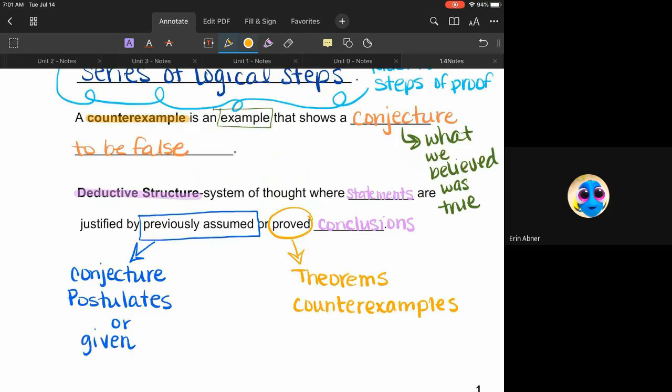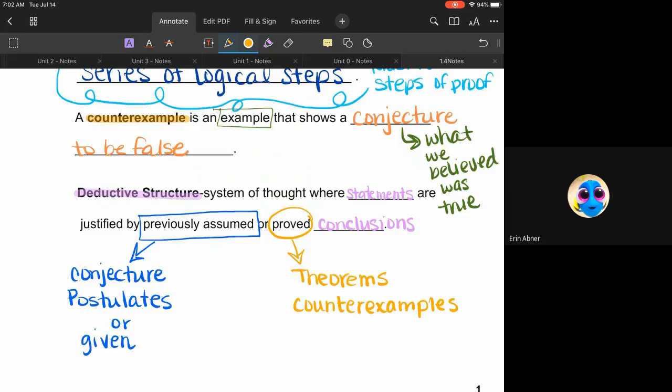Okay, so we just want to make sure that we understand when it says previously assumed that we're talking about a conjecture or a postulate or a given, and we want to know that when they're talking about something that we proved, these are going to be our theorems or our counterexamples.